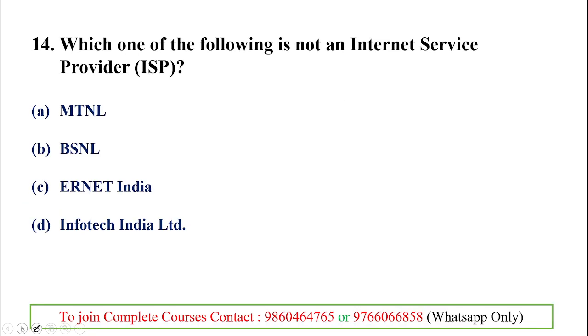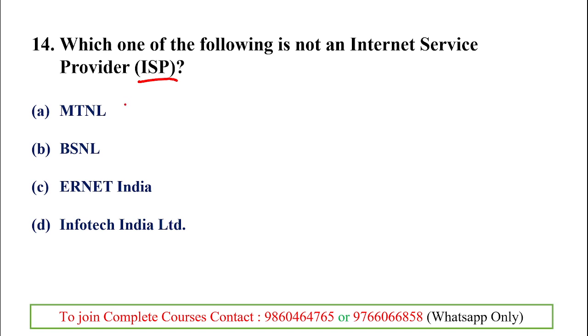Then which of the following is not an internet service provider? That's ISP. Again, the other one, ISP, internet service provider. An internet service provider is a company that provides individuals and organizations access to the internet and other related devices or services.